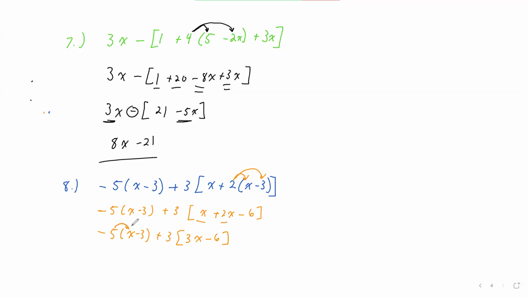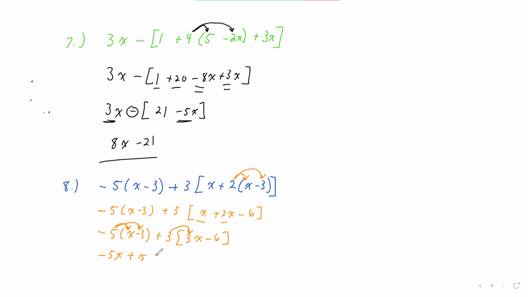Negative 5 times x gives me negative 5x. Negative 5 times negative 3, there's your 15.